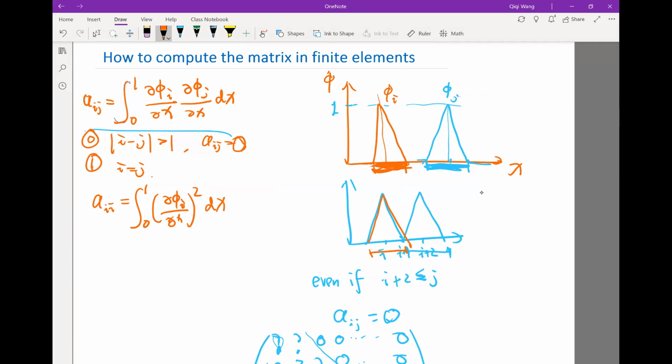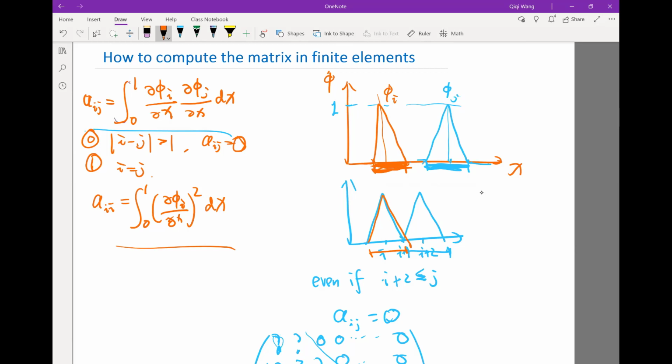So let's figure out for finite element what this is. I'm going to do something I don't think I've ever done before: I'm going to allow my grid spacing to be completely non-uniform.